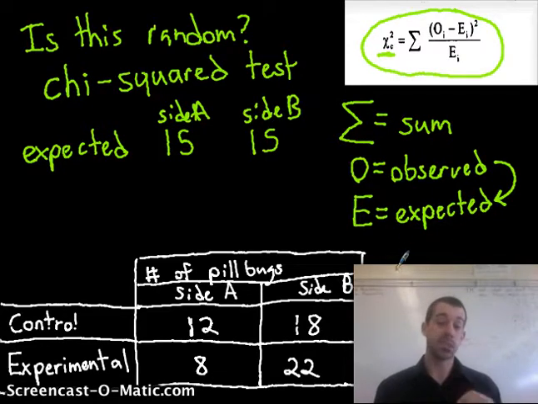Now that doesn't match what really happened. We had 12 and 18, but the question is maybe it's pretty much random.